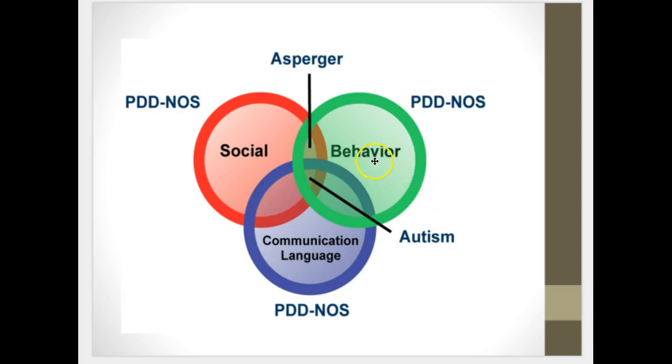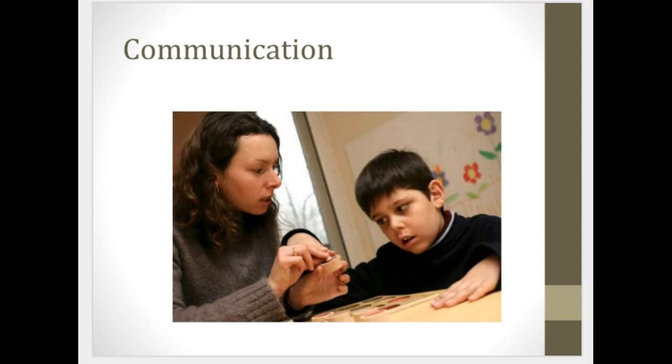If the child had some behaviors and some communication, again, PDD-NOS. But if the child had all three, social, behavior, and communication, the sweet spot here in the middle, then it was determined that it was autism. So it was all an observational checklist. It still is. And so using this criteria was how we determined what the diagnosis was according to the DSM-4.